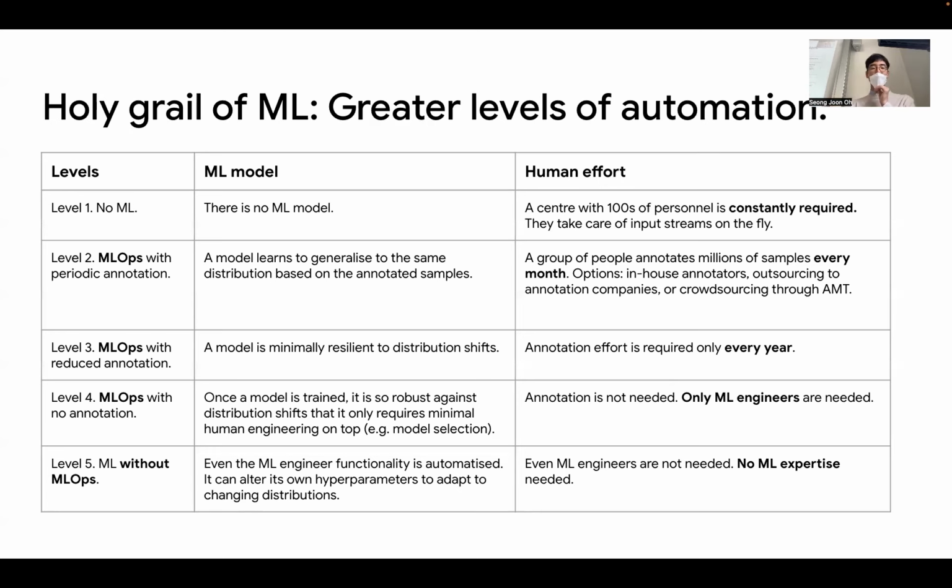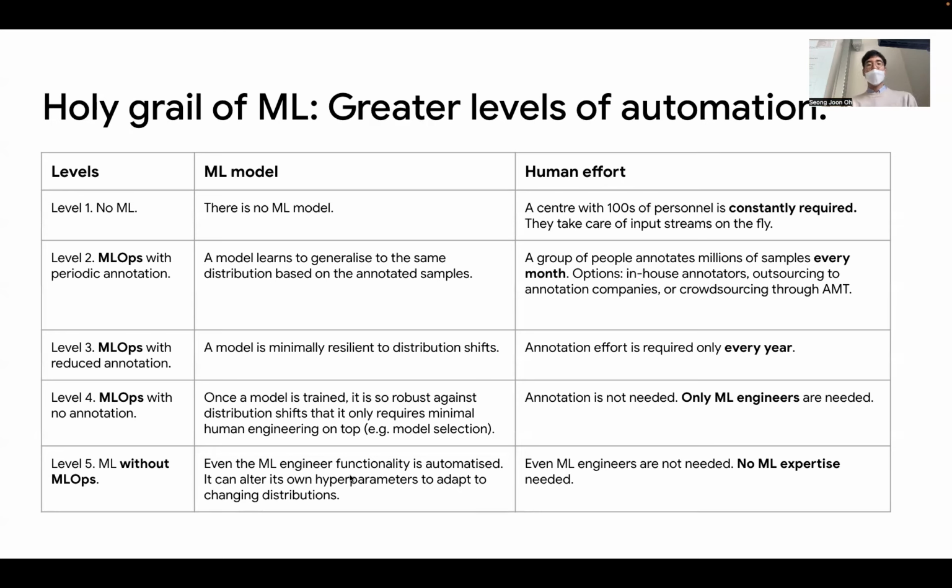But still, you need some MLOps in this case, because you still need to do a bit of model selection. You have a candidate list of models, which are supposed to take care of all kinds of variations in the world, and all you have to do is select the right model at the correct period of time. In that case, you don't need anyone else to annotate the data again, but you only need machine learning engineers who can choose the right model at the right period of time.